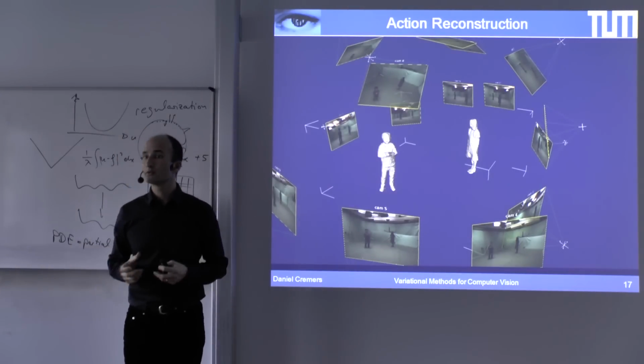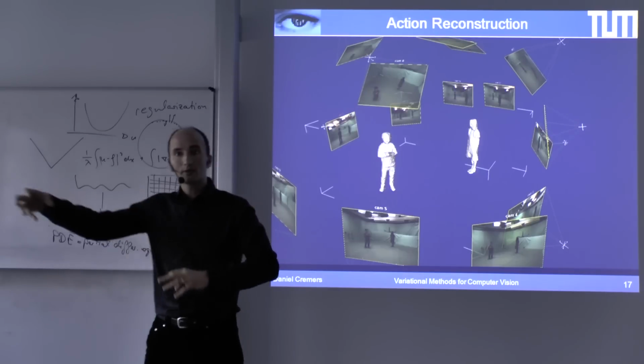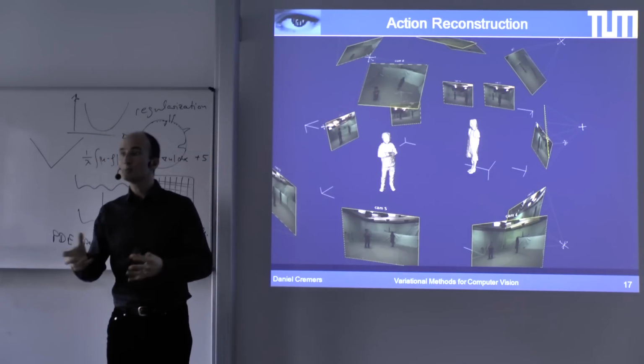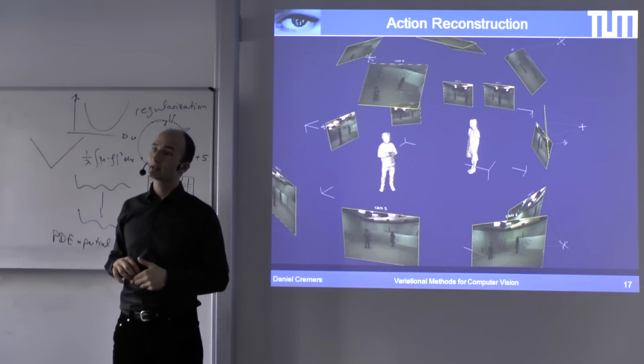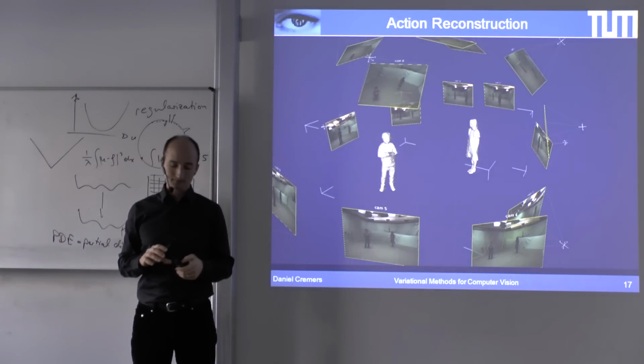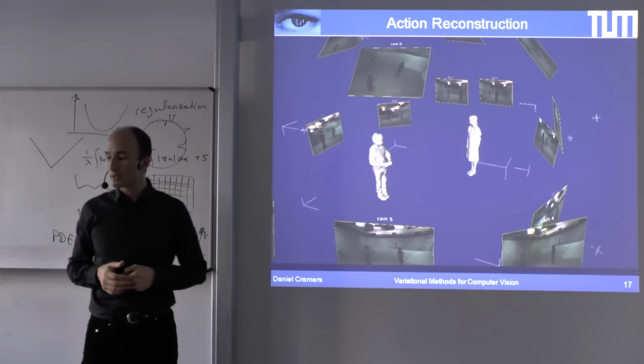So you can watch your favorite action movie and say, oh, let me look at this scene from a different viewpoint. Why? Because you have a 3D scene and you can change the viewpoint interactively. And this is something that you cannot do with laser scanners.